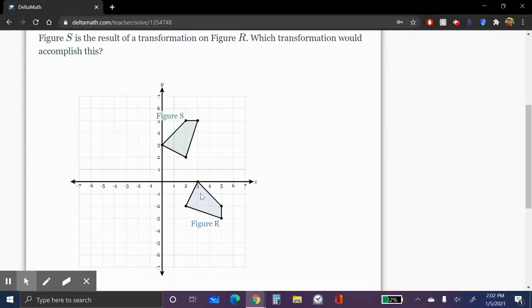It's not being reflected. It's not being translated. It's turning either 90 degrees counterclockwise or 270 degrees clockwise. So let's see what our choices are. 3-0 becomes 0-3, right? So you're turning this all the way over to here.